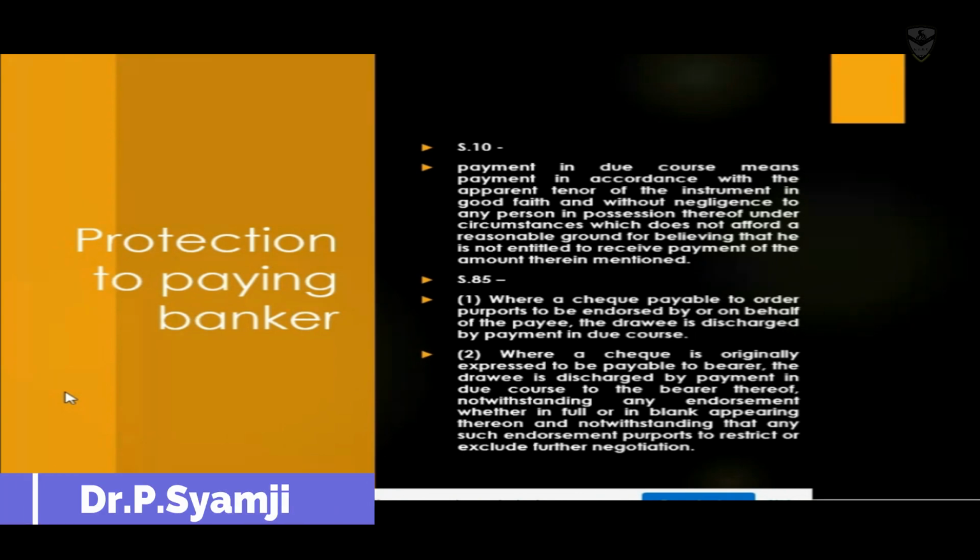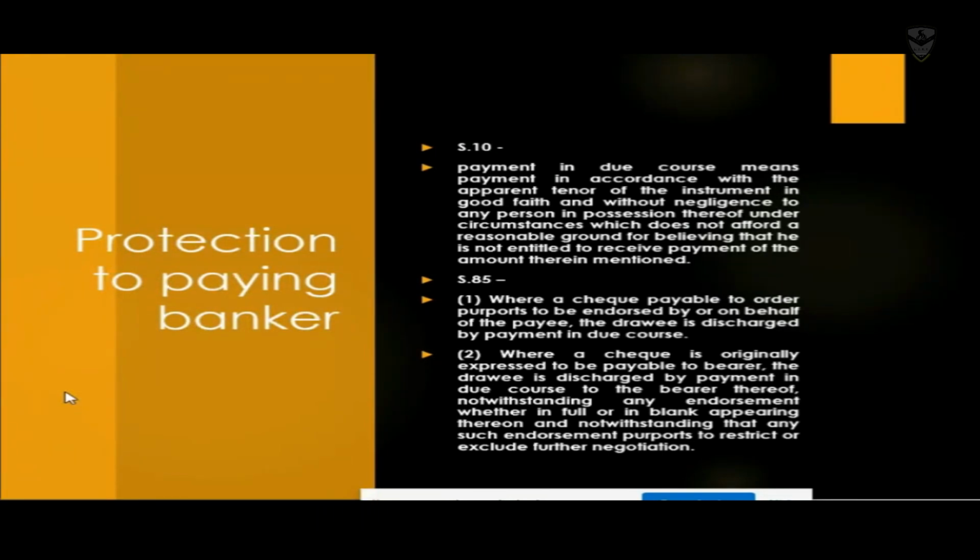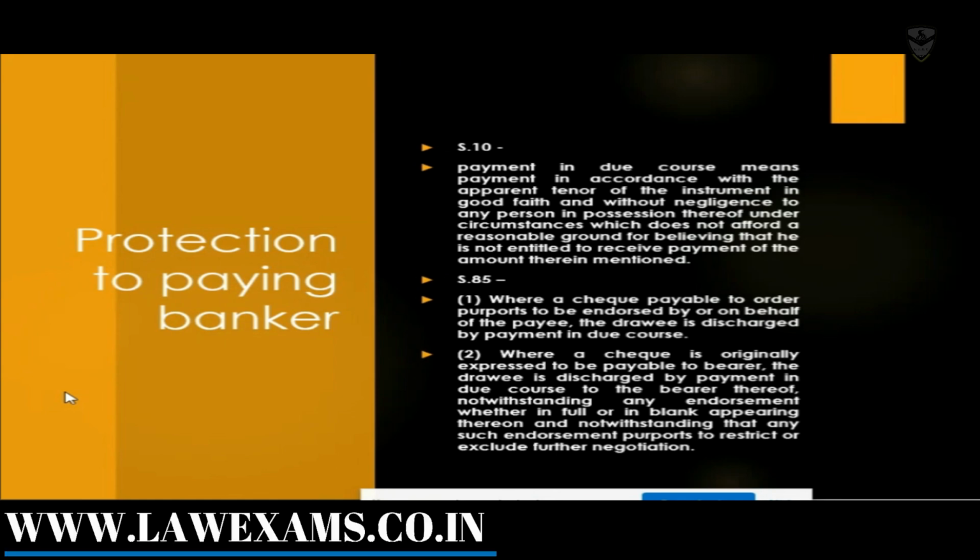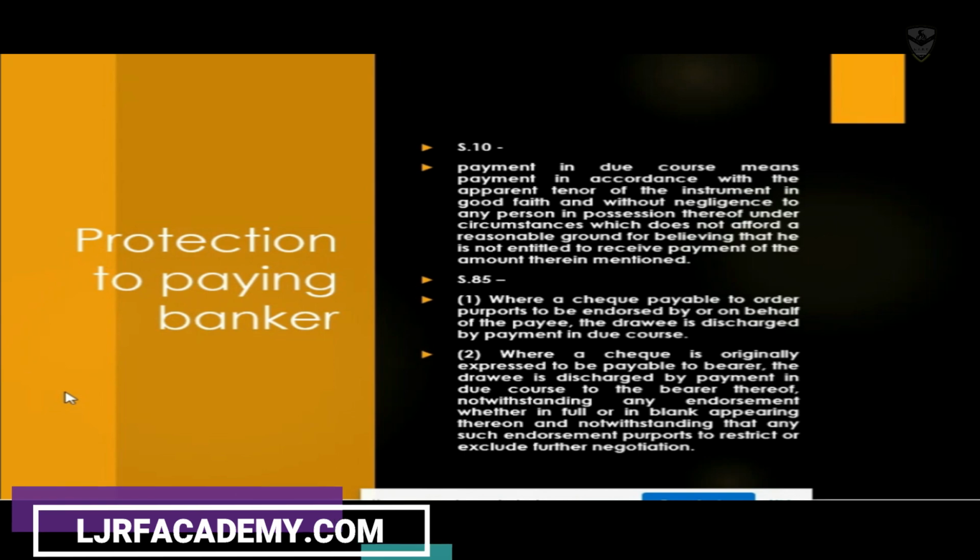So when a check comes for collection, if the bank feels that the check is not tampered, and there is sufficient balance in the account of the customer, then the bank is bound to honor the check. In case the bank fails to do it, the bank is liable to pay compensation to the customer. There should not be circumstances which do not afford a reasonable ground for believing that he is not entitled to receive payment of the amount therein mentioned.